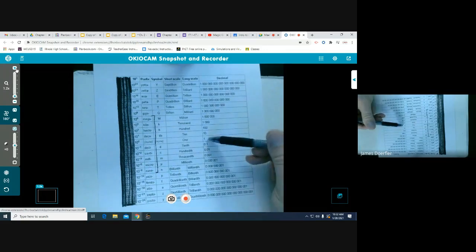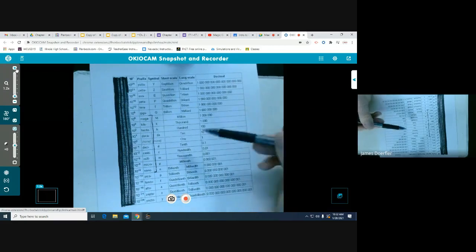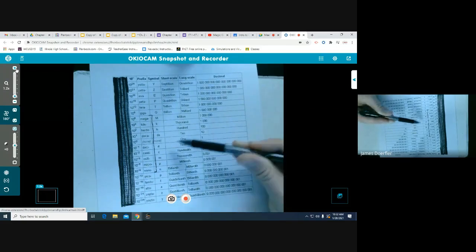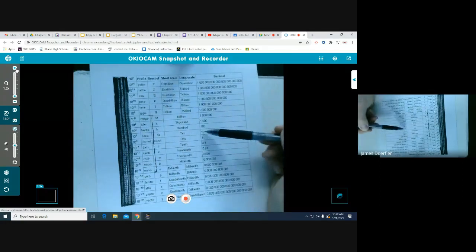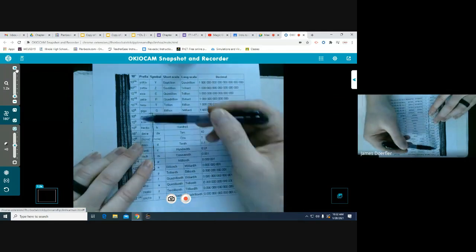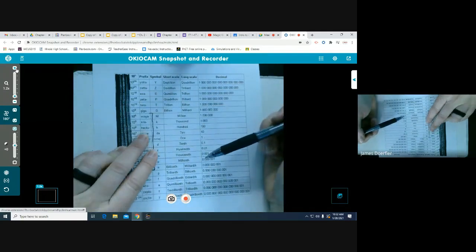Okay, if you look over here on the far right-hand side, again, starting at that base unit right here, if you look at deca, 10 to the first. Deca is 10 times larger than our base. Okay? So all these are powers of 10. Let's go up to kilo.